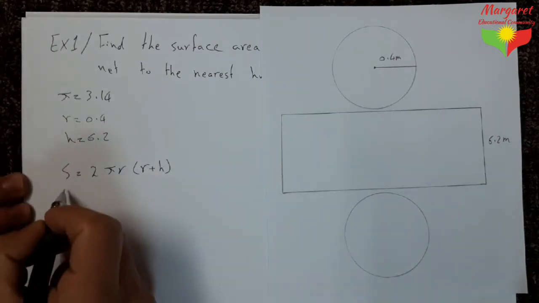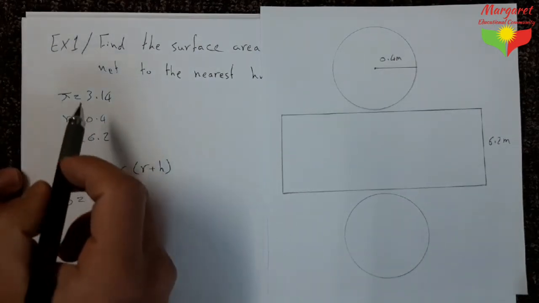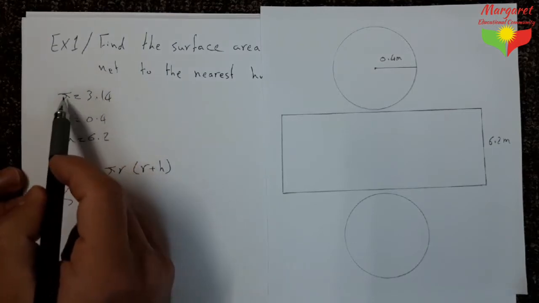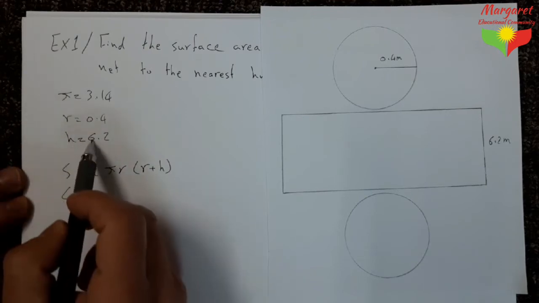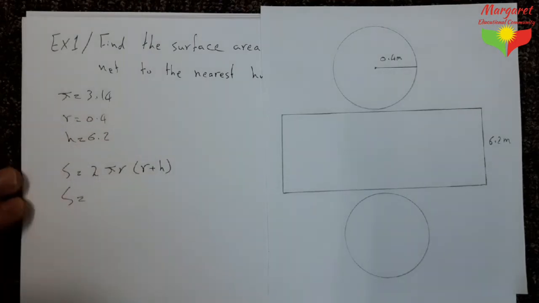So S equal to substitute 3.14 for pi and 0.4 for r and 6.2 for h.